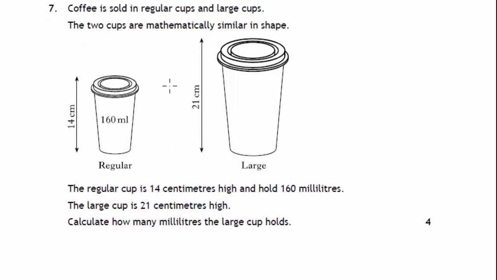So we know the sizes of the two sides, we don't have a clue how many millilitres that holds, but we can work out the linear scale factor just by dividing the large cup by the smaller cup.